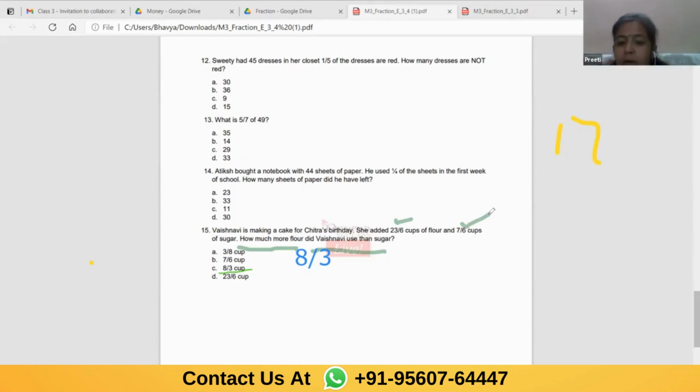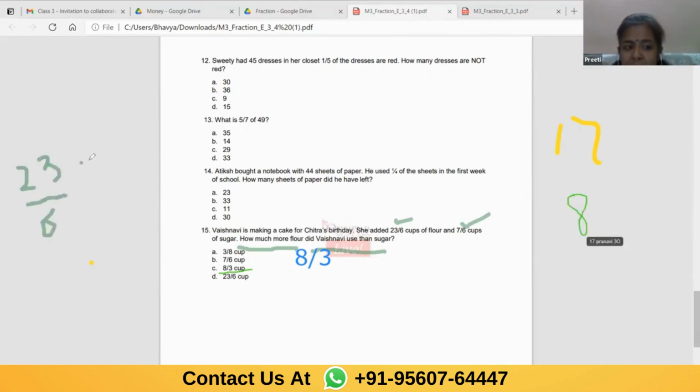Okay, wait there. Why do we need to subtract? Because they are comparing the two numbers. They are asking how much more is one number from the other one. So much more means you have to find the difference. And once you find the difference, you might have to reduce the fraction also.